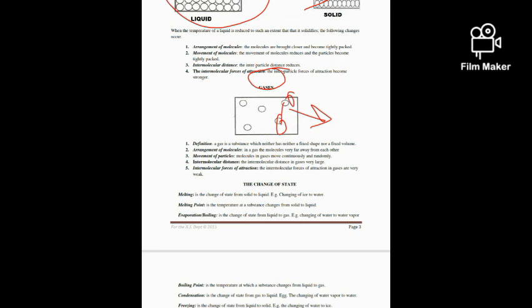Because of this, you're going to realize that their shape is not fixed, and also their volume is not fixed. When you look at a gas, if it finds a room, it is going to fill up that particular room. Like for example, we're looking at our earth, it is round. This earth is filled with a lot of gases, because these gases have no fixed shape.